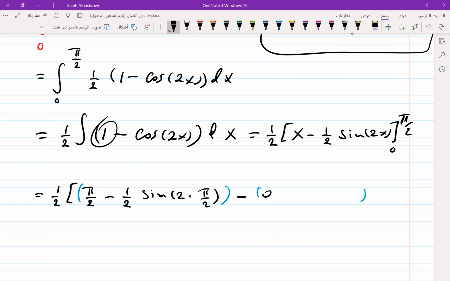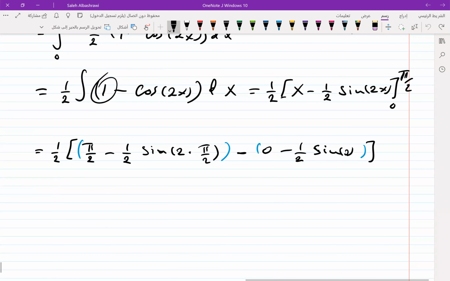So replace x by 0, this is 0 minus 1/2 sine 0. This is 0, and this will be also 0. So I will have 1/2 multiplied by pi over 2, which is equal to pi over 4.